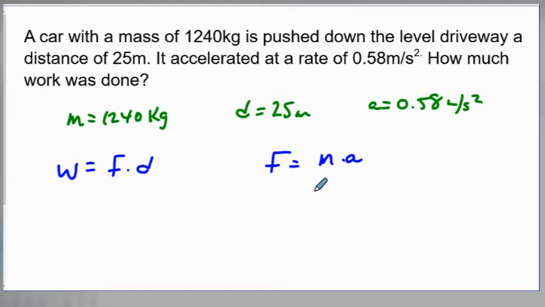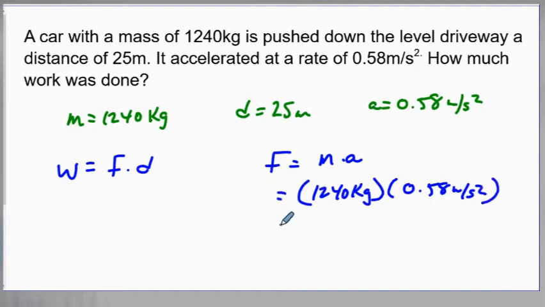So we could simply take our 1,240 kilograms and multiply that by 0.58 meters per second squared, and we would find out what force was applied to the car. And we would see that the force was 719.2 newtons.